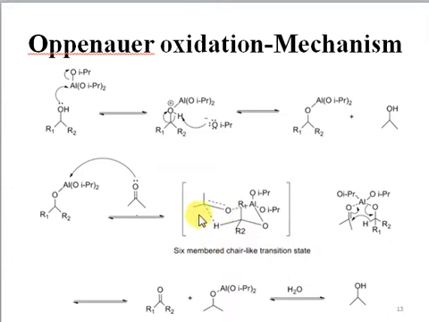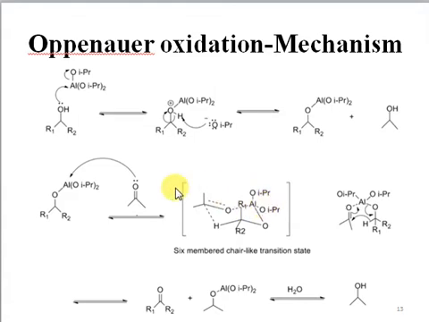So this is our alcoholic part. So you can see the R2 and R1 groups, right? This is the oxygen of our alcohol, and this is the hydrogen of our alcohol. So we have not shown hydrogen here, but there is a hydrogen which is actually here, right? You can see this oxygen of alcohol is bonded with aluminum, and aluminum has 2 isopropoxy groups attached here, right?